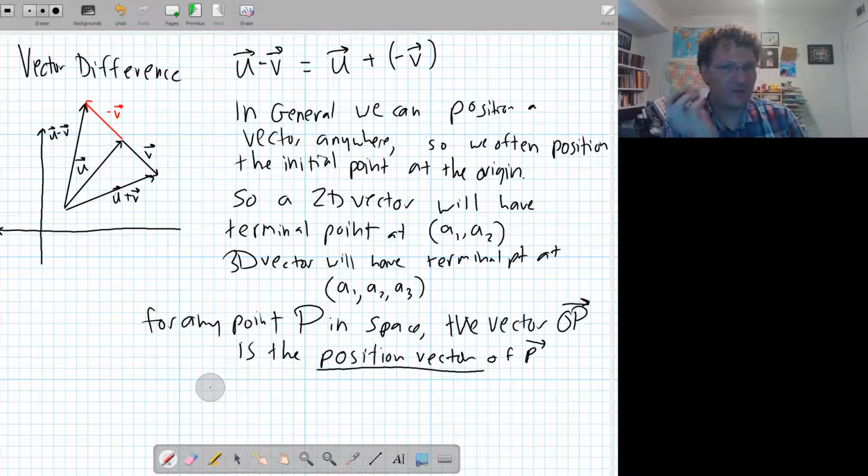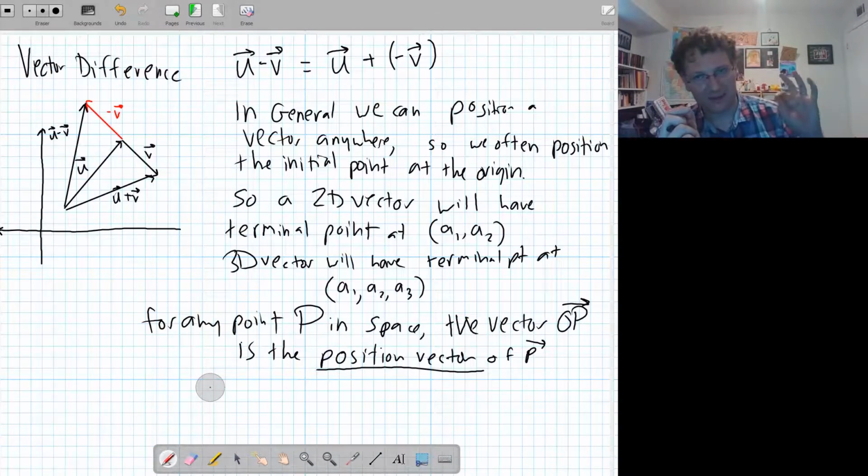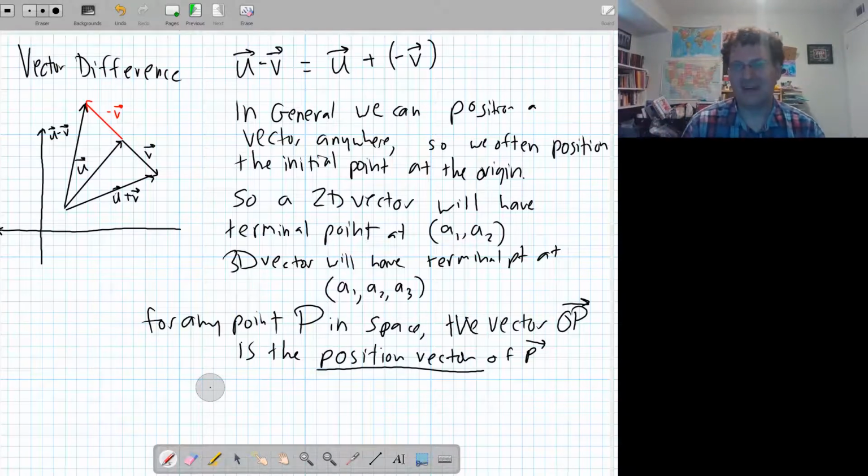Instead of thinking of something as a point in space, we'll be looking at the vector that takes us from the origin to the position of that point, and we're going to find that they're essentially the same in every way. It's just a different way of looking at the same geometric object.